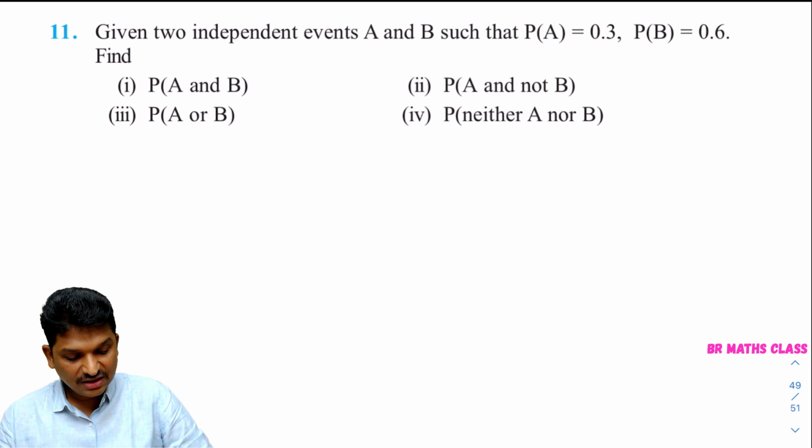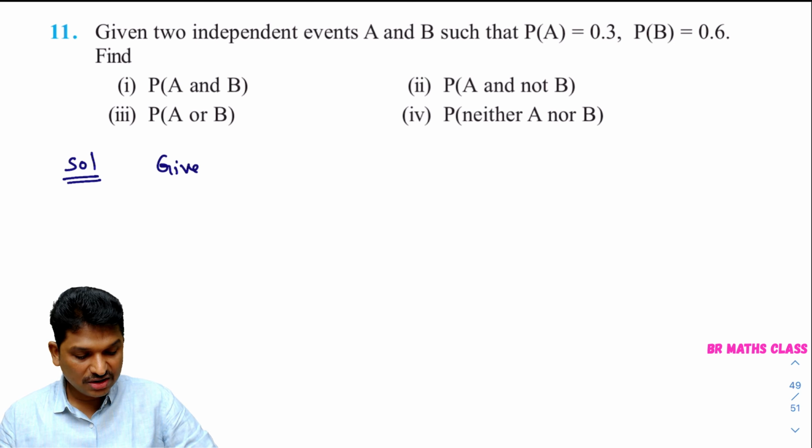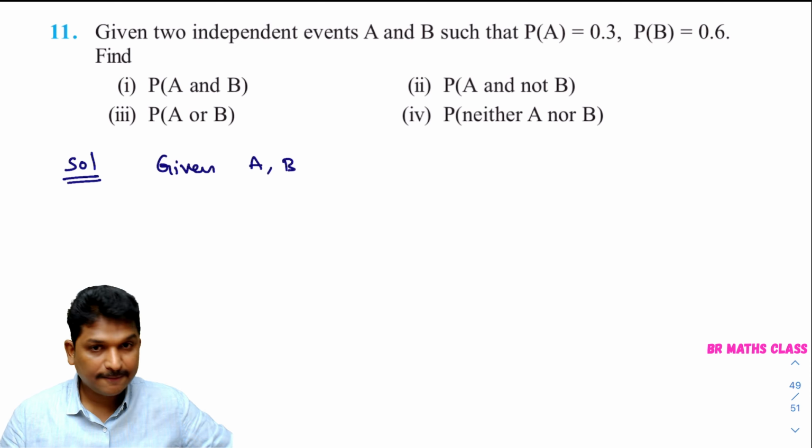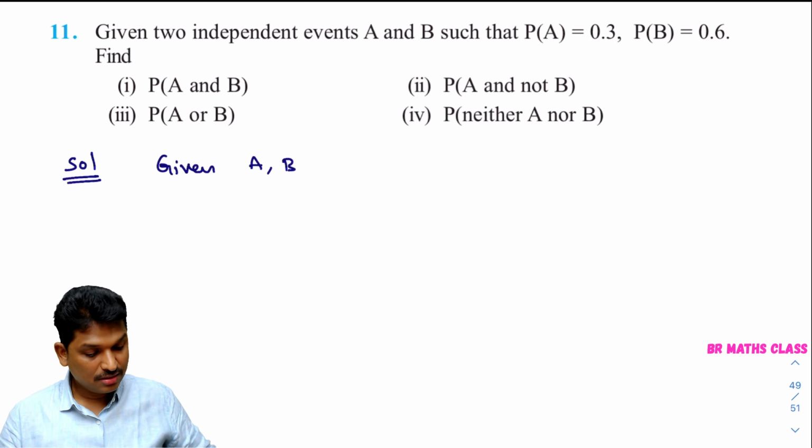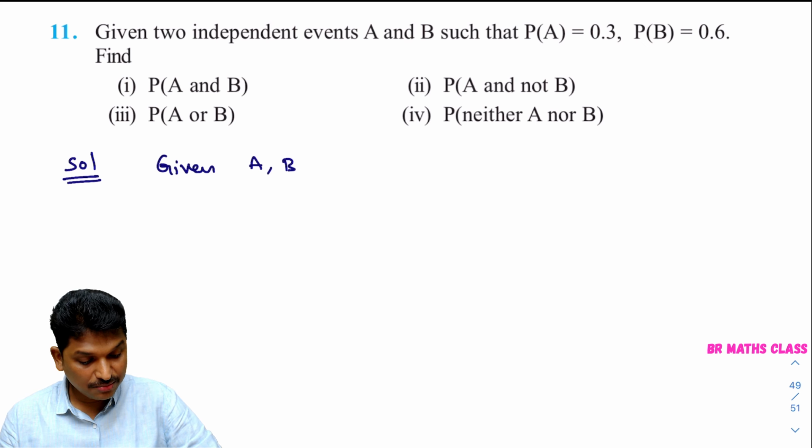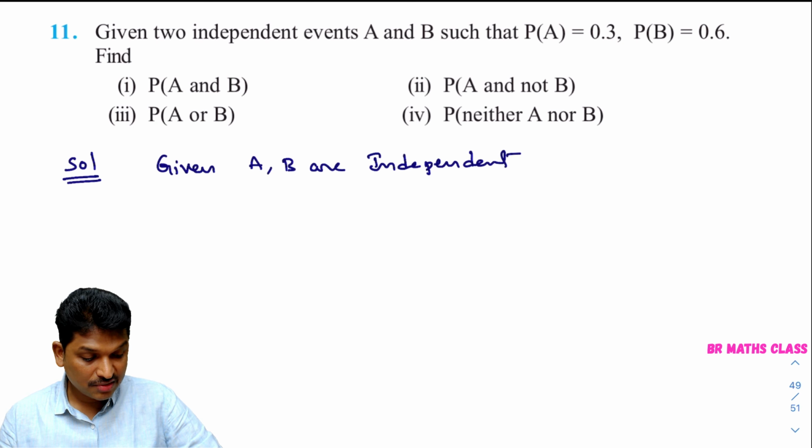First, I'll write the given data. Given that A, B are independent events.